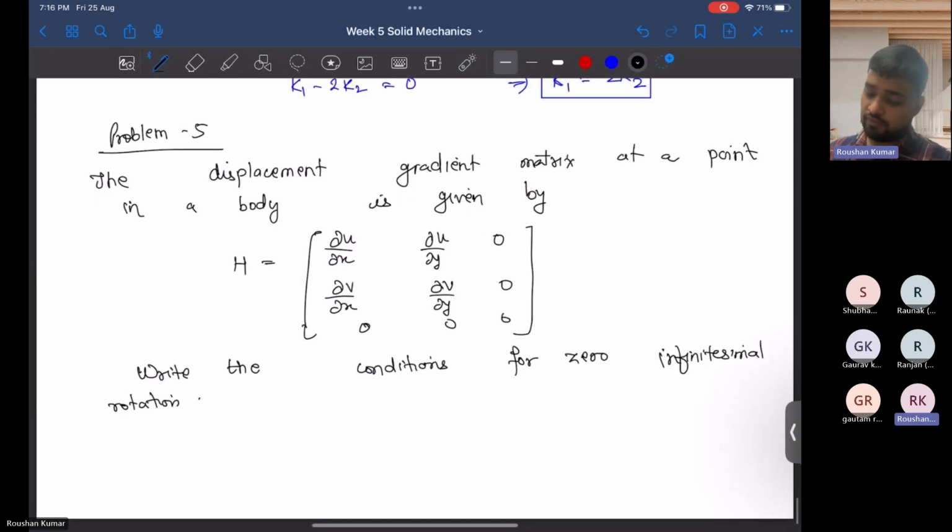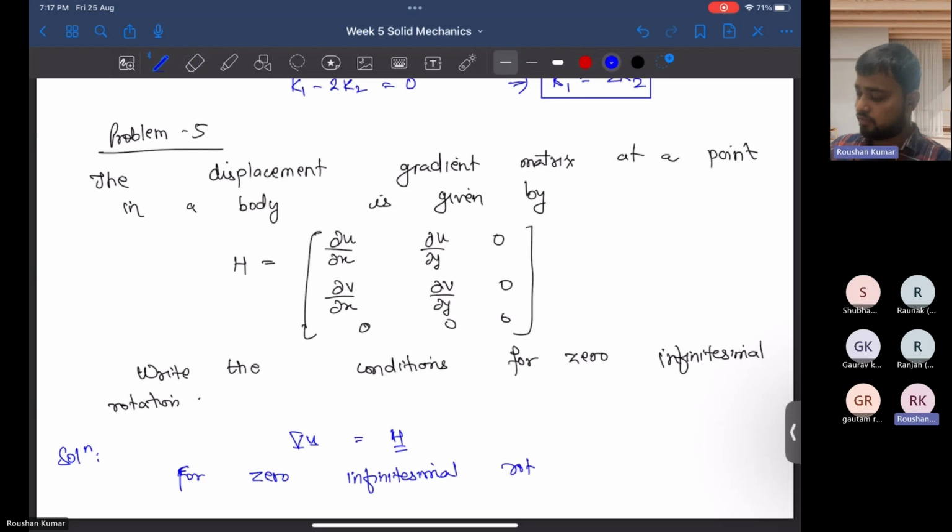We have grad u equal to H. And for zero infinitesimal rotation, the local rotation tensor must be 0.